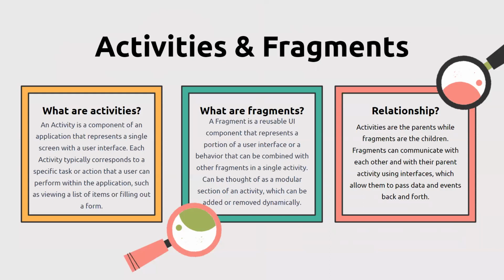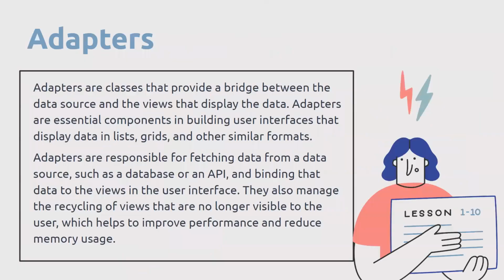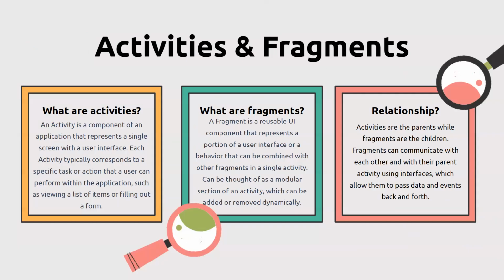I think typically you want to use more fragments than activities, but they do have a relationship where activities are like the parent and the fragments are like the children. Fragments can communicate with other fragments, and they also communicate with the activity, which is their parent. That allows you to pass data and events back and forth, and that's how you change between different views or UI components in your app. I'm going to talk more about that right now.